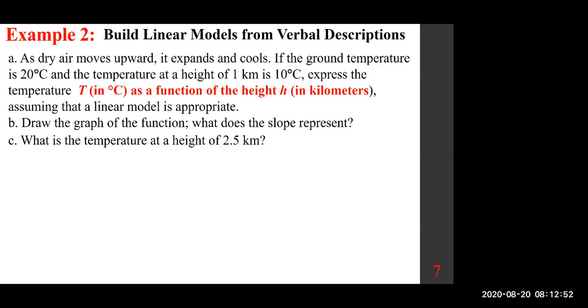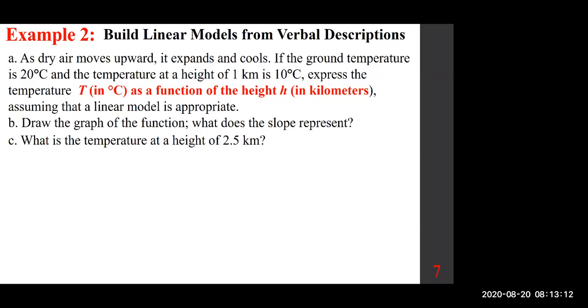Could somebody be kind enough to read this example for us? Example 2, please. Go ahead, class. I can read it, Professor. Please. Example 2, build linear models from verbal descriptions. A, as dry air moves upward, it expands and it cools.